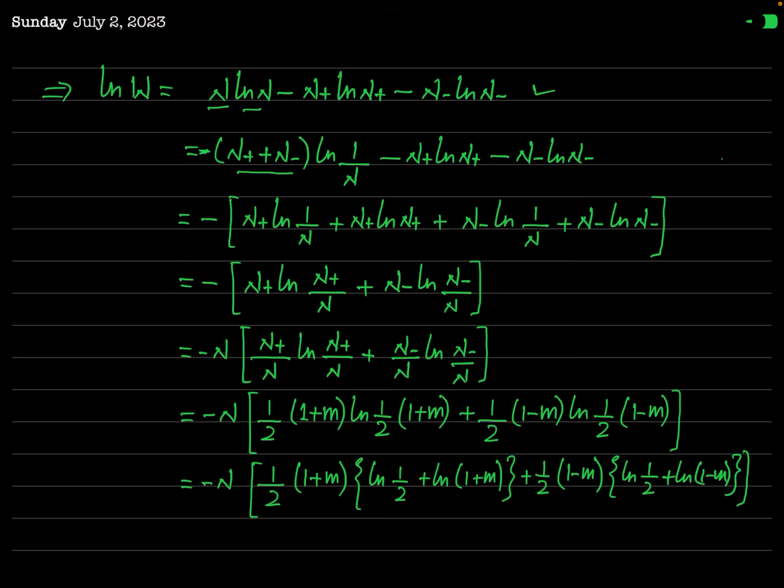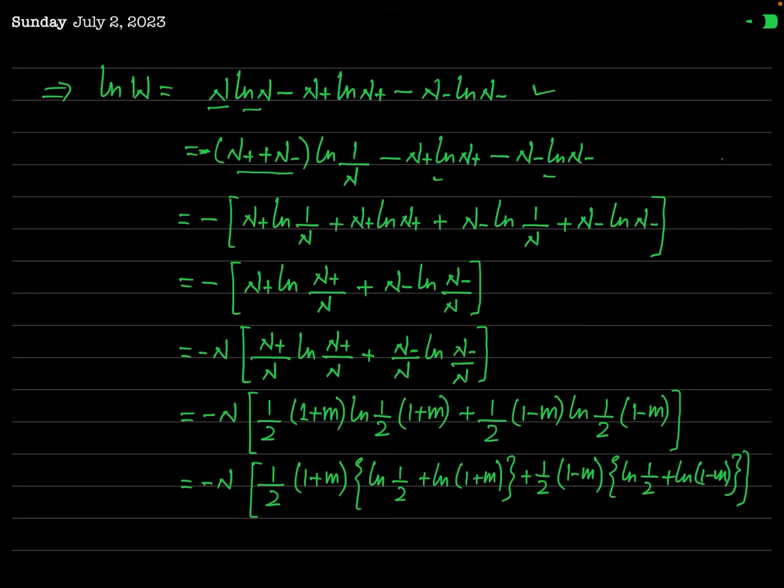Actually, our final aim is to express this logarithmic value of W in terms of the long range parameter m. And for doing that, there will be some algebra. So we are going to follow that algebra by which we will be able to express ln W in terms of m. And for that we are doing these things. And the remaining two terms you can see are as they were.